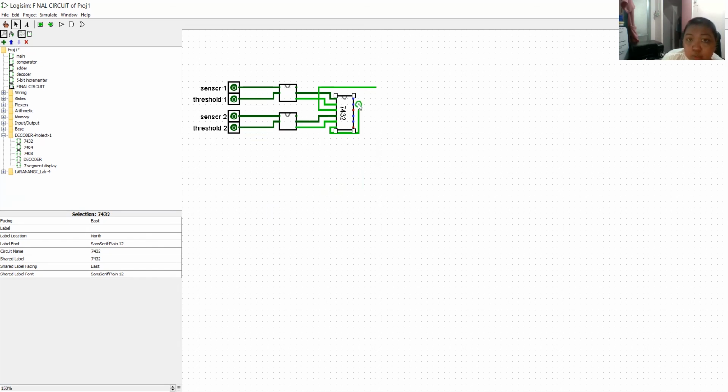And these two outputs will be ANDed. So let us use 7408.